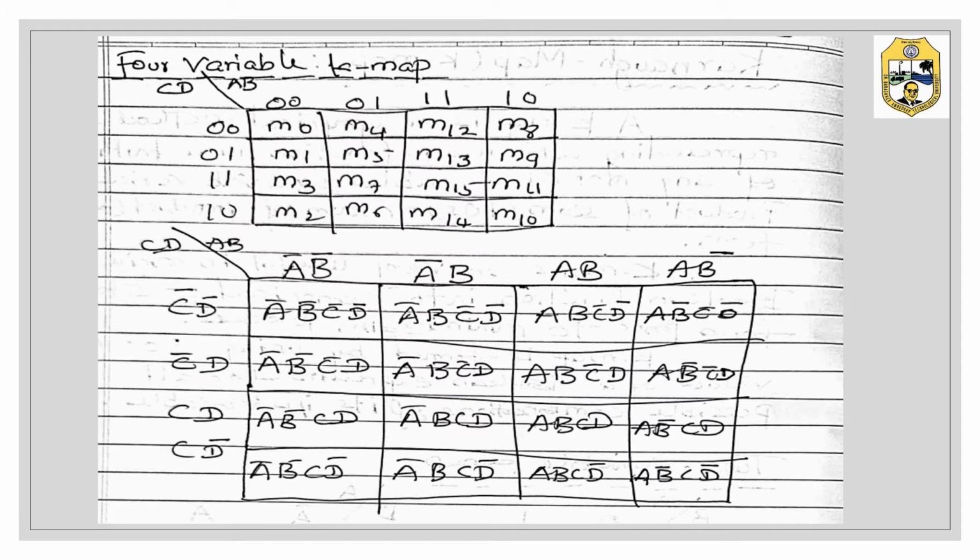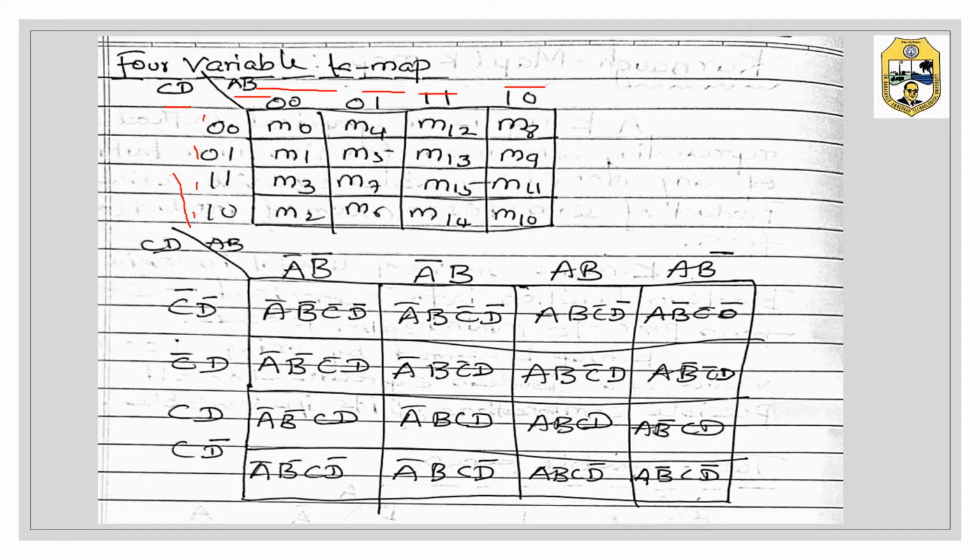Now for the 4 variable K-map we need to take A, B, C, D. Here it is AB and here it is CD, and likewise it is 0 0, 0 1, 1 1 and 1 0, and here also 0 0, 0 1, 1 1, 1 0. Why is it 1 1 over here and 0 1 0 over here?